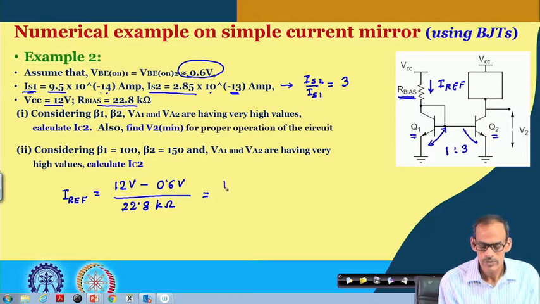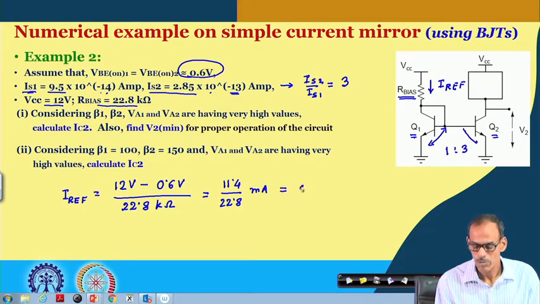So, we have 11.4 divided by 22.8 K, so that much milliampere, which is 0.5 milliampere.